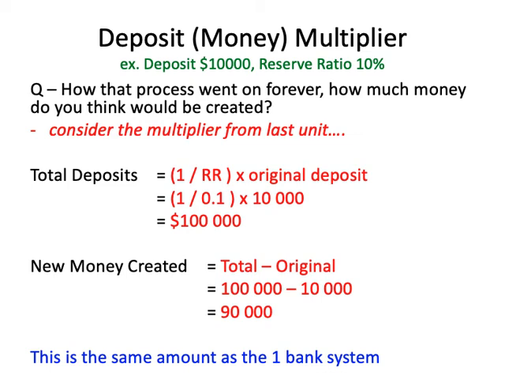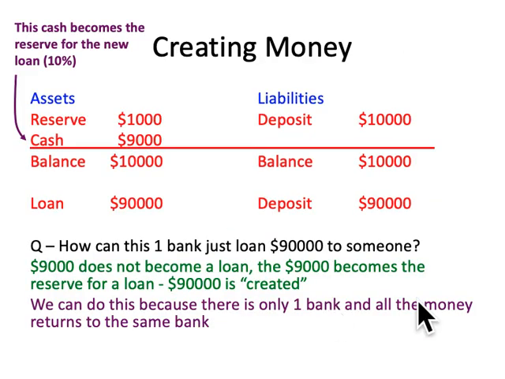So if we go back, and I'll take us back to that last slide, the one bank system does this entire process in one step. Okay, so let's go back. All right, so here we're in the one bank system again, right? So $10,000 deposit, reserve $1,000, cash $9,000. That $9,000 becomes a reserve for a $90,000 loan.